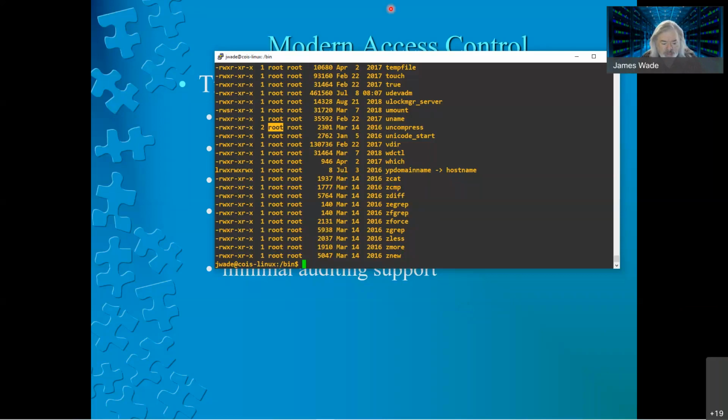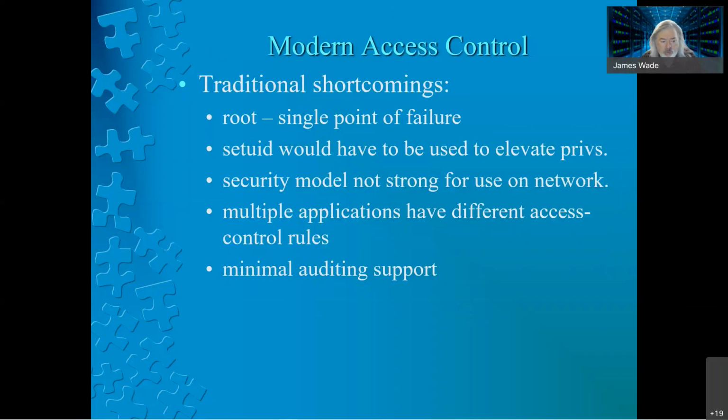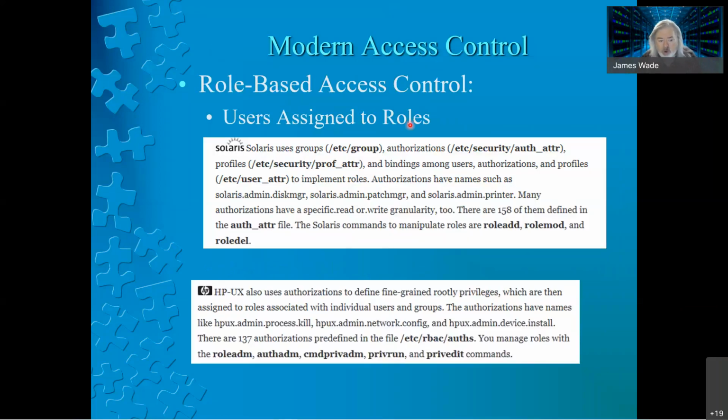So one of the things that they did was they looked at role-based access control, where they assigned specific roles. And to do this, they had to give more granular access.